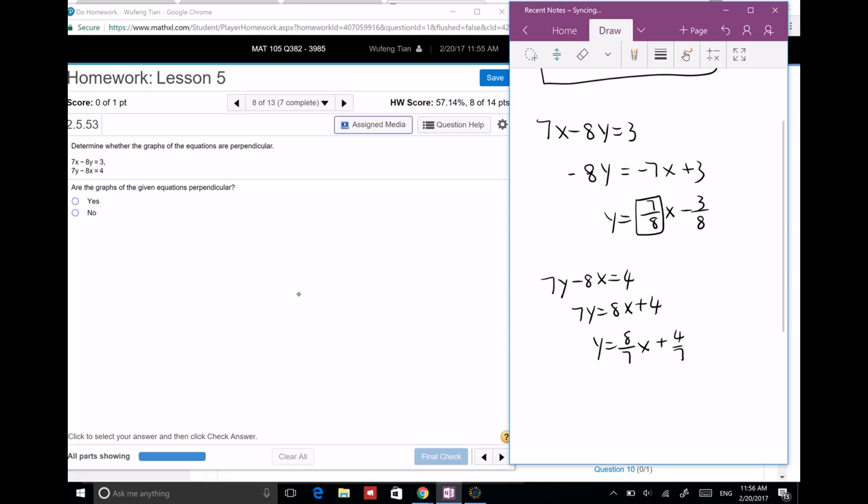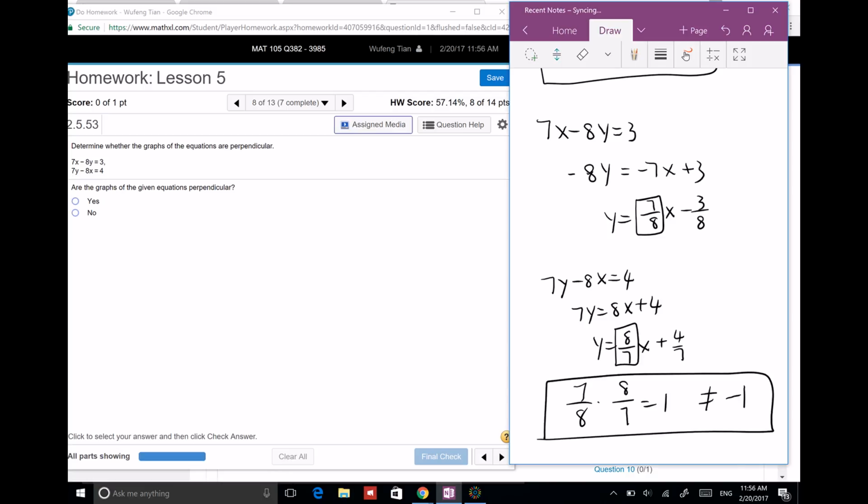So the slope is 8 over 7. They are reciprocal, but not opposite. 7 over 8 times 8 over 7 equals 1, not negative 1. So they're not perpendicular.